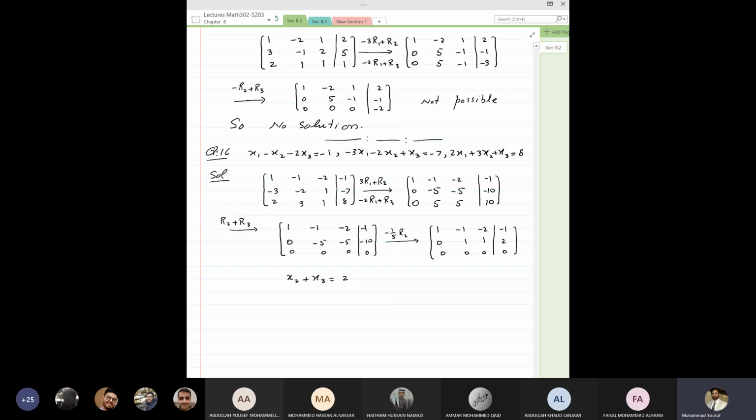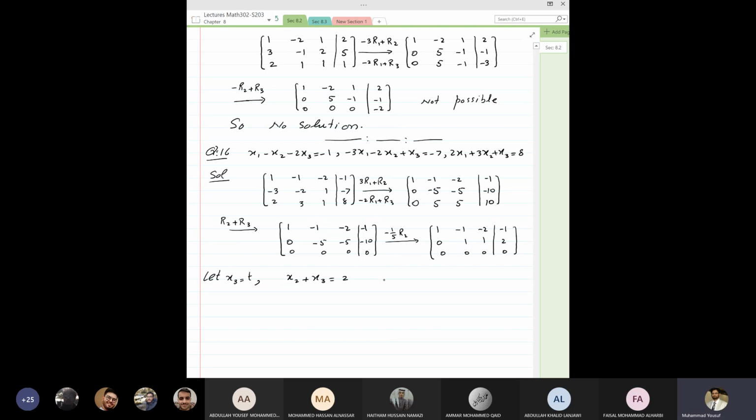So this is a situation when we have one free variable, because there are 2 non-zero rows and 3 variables. So which variable do you want to choose as a free variable, Shabab? X1, X2 or X3? X3. So you say let X3 is equal to T.